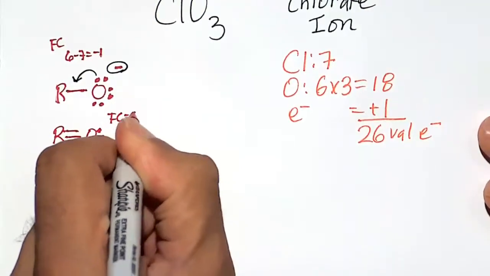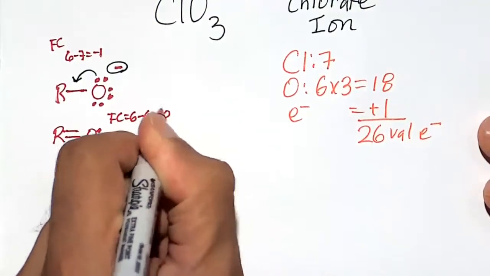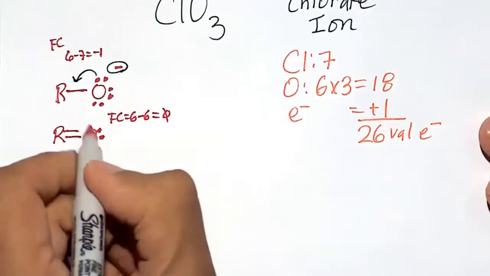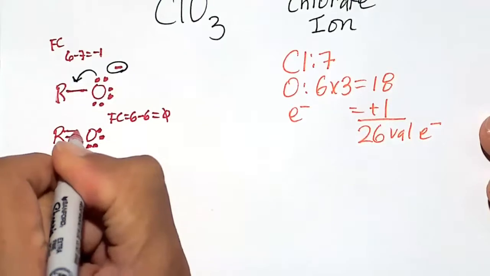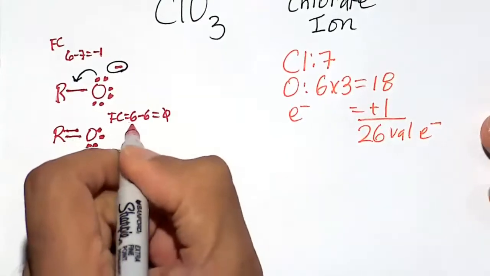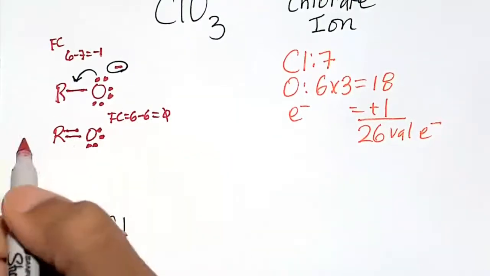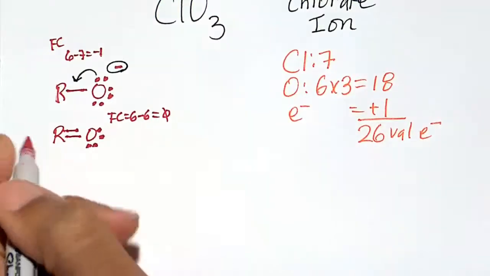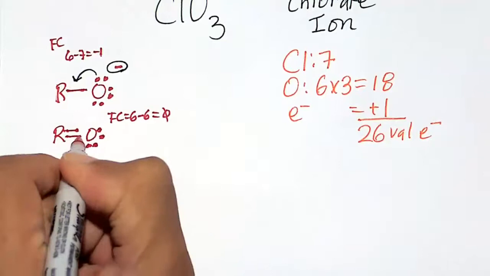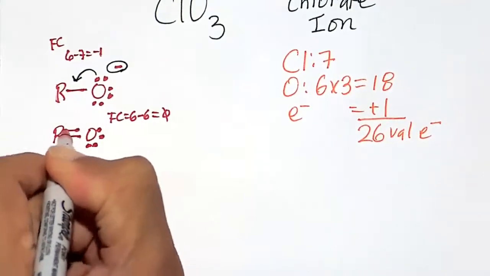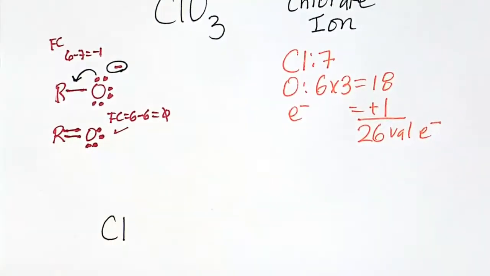Oxygen is happy at 6. 6 minus 6 is 0. This also satisfies the octet, right? 1, 2, 3, 4, 5, 6, 7, and 8. So this also satisfies the octet rule.